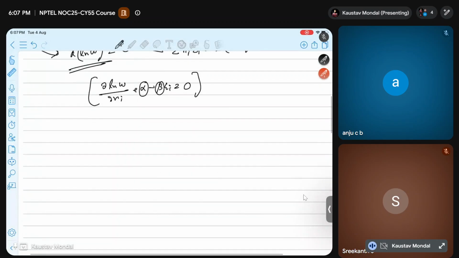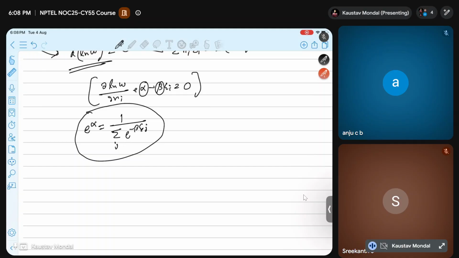The e to the power alpha term we get as 1 by the summation over j of e to the power minus beta Ej. This is the expression of alpha, and the expression of beta is 1 by kBT, the inverse of temperature.